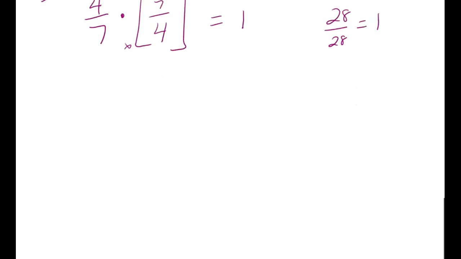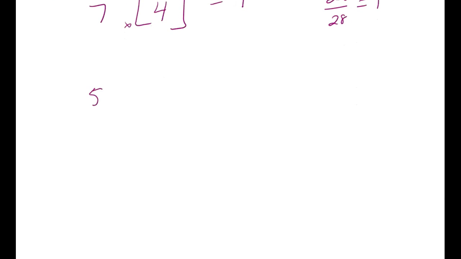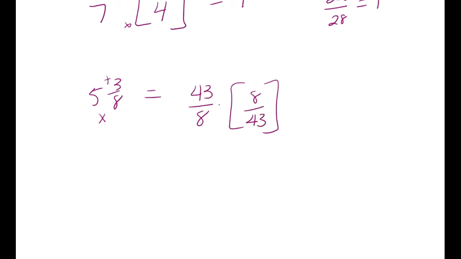Okay, if we have a mixed number, like 5 3/8, and we want to know what the multiplicative inverse is, first we have to convert that to an improper fraction. So again, bottom times the whole plus the top would give me 43/8. So the multiplicative inverse is 8/43. That would give me the product of 1.